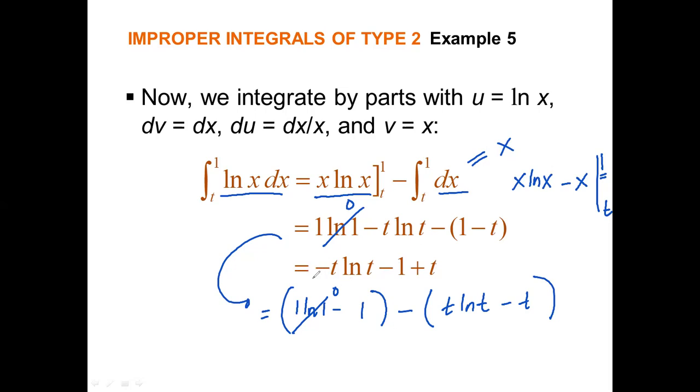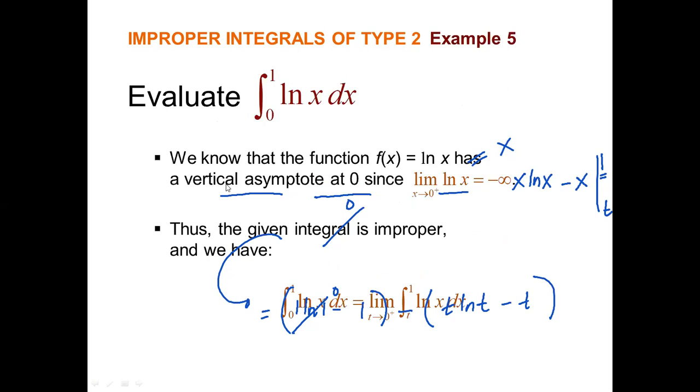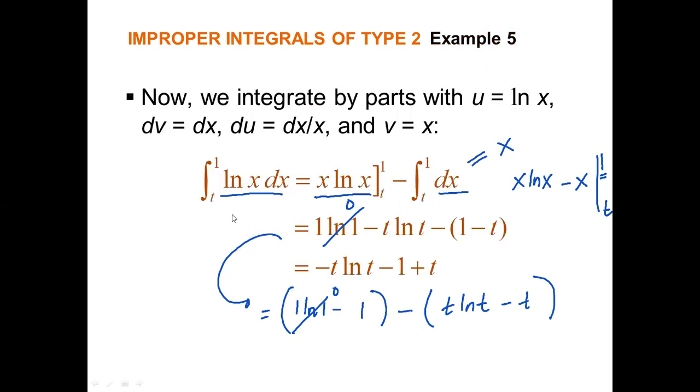But notice, we still haven't substituted what value t approaches. Because in the original integral, t approaches 0 from the right. So it did not erase what I have written, so you can follow through in here.